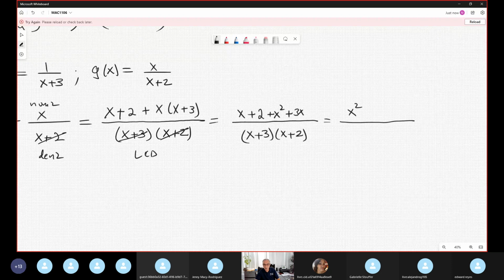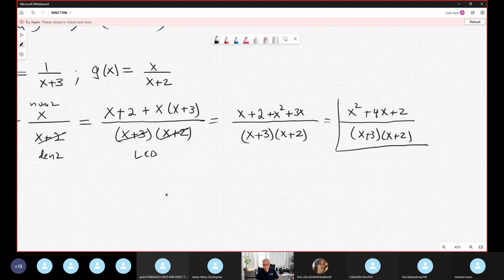X squared, degree 2, is the first, and 1x and 3x together is 4x, plus 2, divided by x plus 3 times x plus 2. You can leave it like that, or if you want, you FOIL that part and that's it. But it's okay. It's a super way.